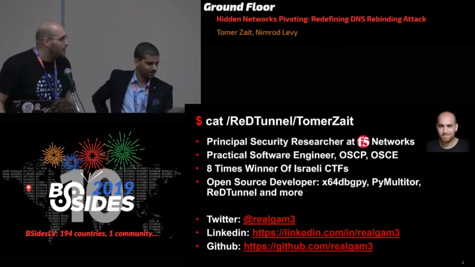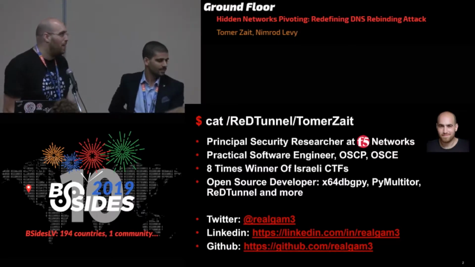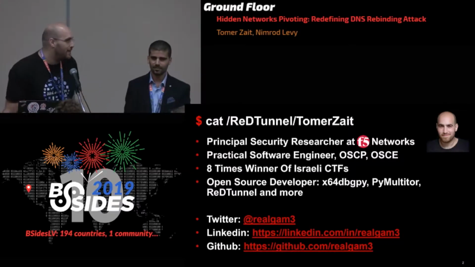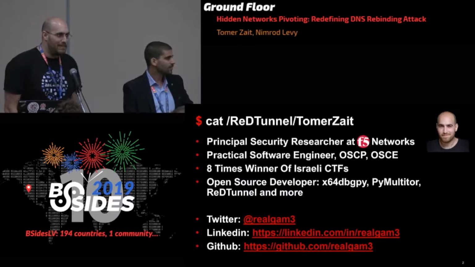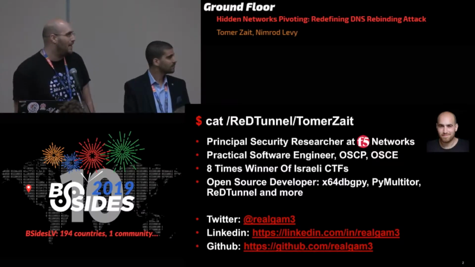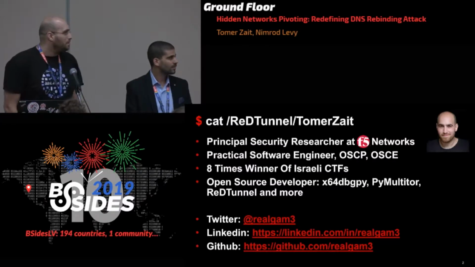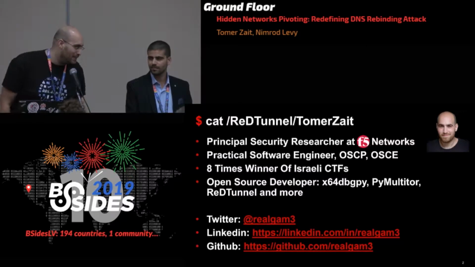So my name is Tomer Zait. I'm a security researcher at F5 Networks. I'm a CTF enthusiast. I'm also a CTF developer in BSidesLV and also OWASP-IL and OWASP Global. I'm an open source developer, and that's it to talk about me.